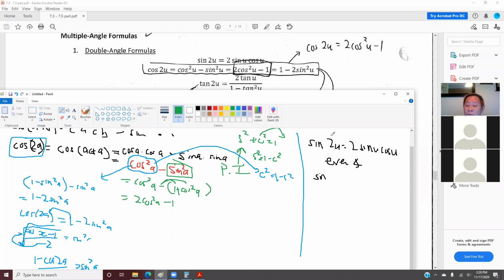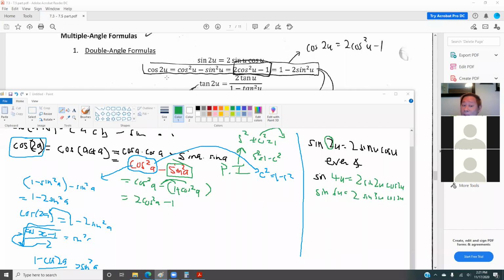If you change this 2 to become 4, then you will get 2 sine 2u cosine 2u. So if you want to make this 4, you double this, and this will also double. And if you want to make it 6u, then you will get 3u and 3u. You guys with me here? You got what I'm saying?